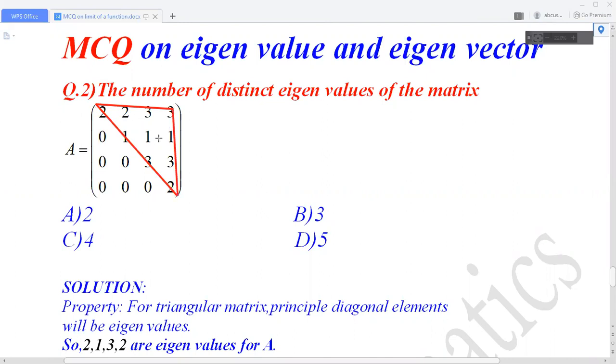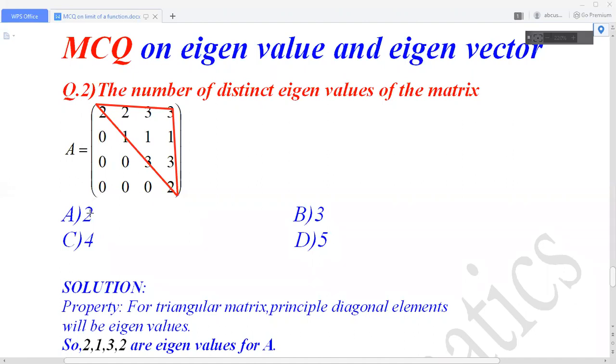So this matrix is basically called an upper triangular matrix, because a triangle is formed in the upper section of the main diagonal.